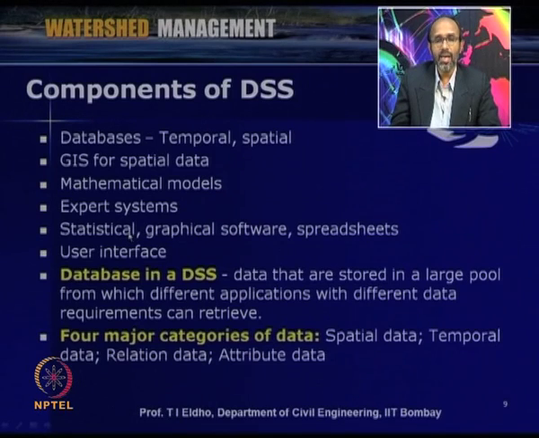We can also use statistical models, graphical software, spreadsheets, etc. within the DSS, whatever is useful for the depiction of particular scenarios. Another important component is the user interface. Nowadays we have very effective interactive graphical user interfaces, and that is one of the important components of any effective decision support system.